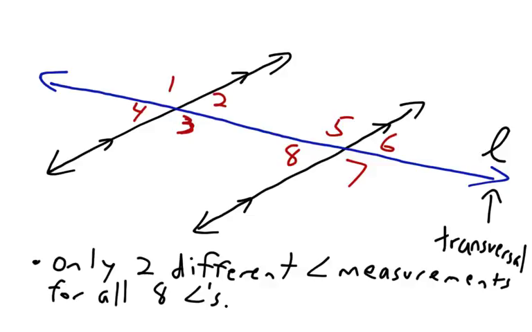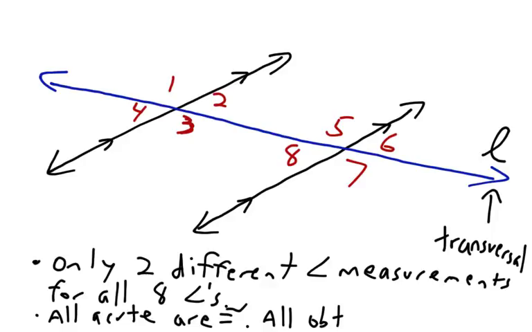So the easy way out is just to look at them and see which ones are acute. And we'll say all acute angles are the same. All acute are congruent. And you might have guessed it, if all the acute ones are congruent, then all of the what?